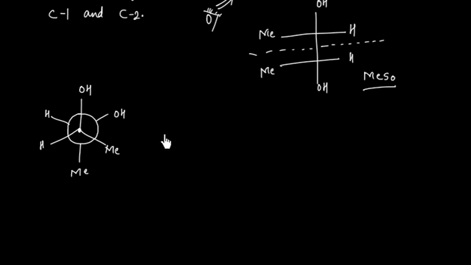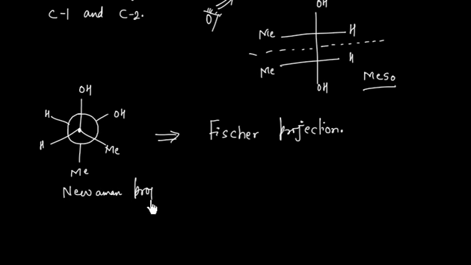So we have to write the Fischer projection formula. We have been given a Newman projection. So let us call this carbon, the front carbon is 1 and the back carbon is 2.